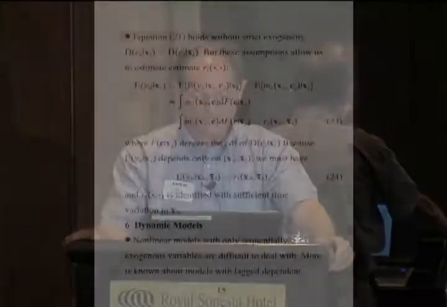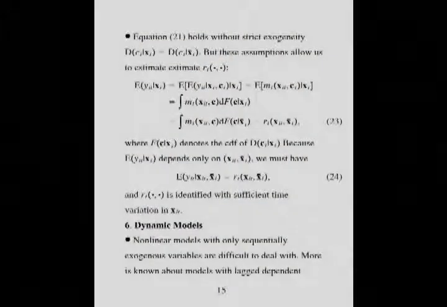Okay. The question is how are we going to estimate this function R, this conditional mean function? Well, as it turns out, again, the argument is simple, and it's just given in a few lines leading to 23. This function that we're trying to estimate, which identifies the average partial effects, is in fact just the mean response of y conditional on the observed things, which we can estimate using a variety of methods.